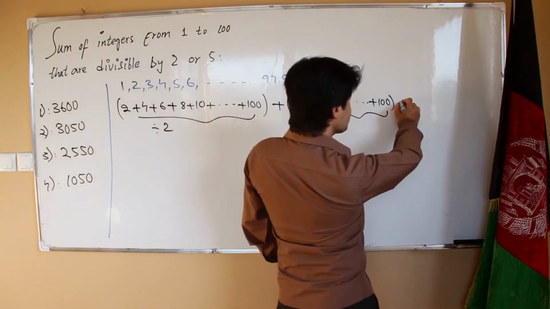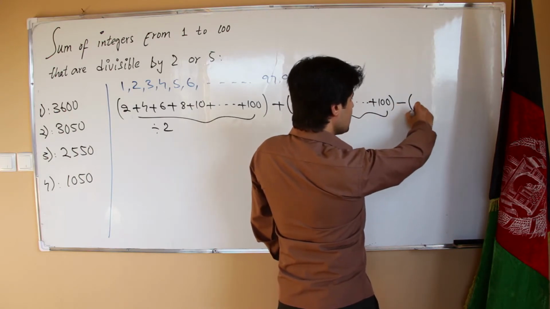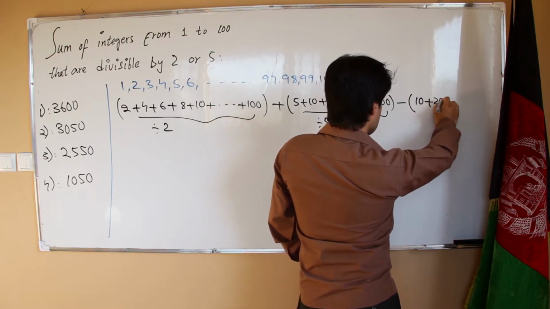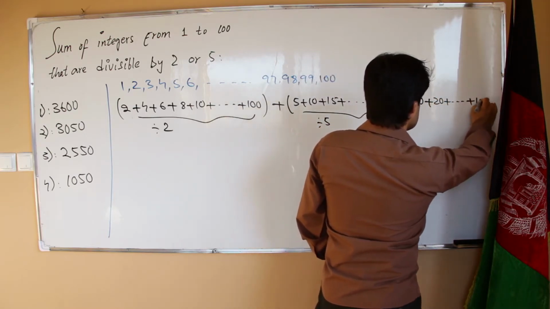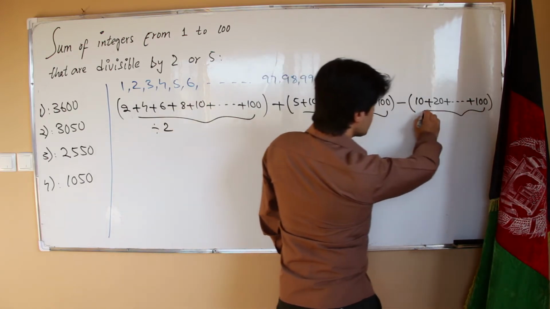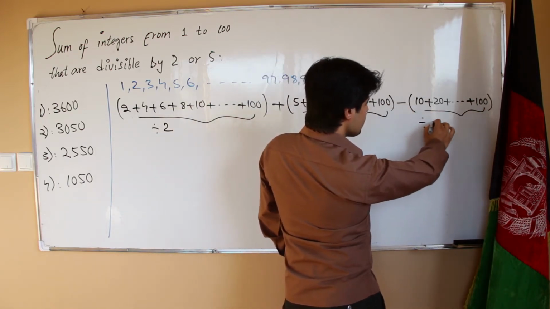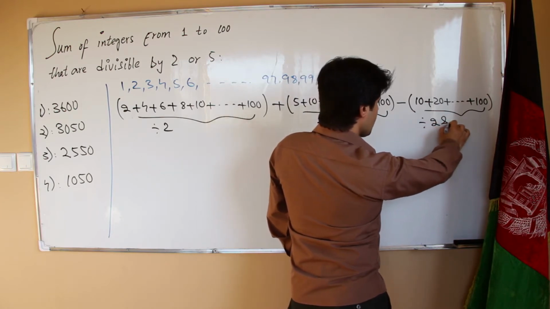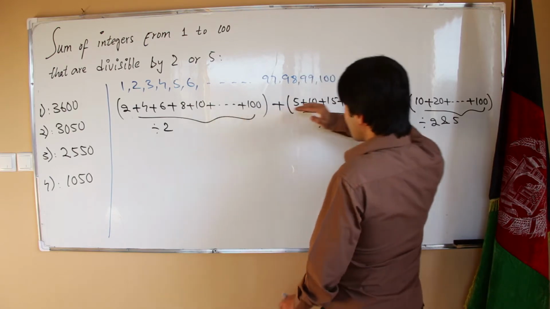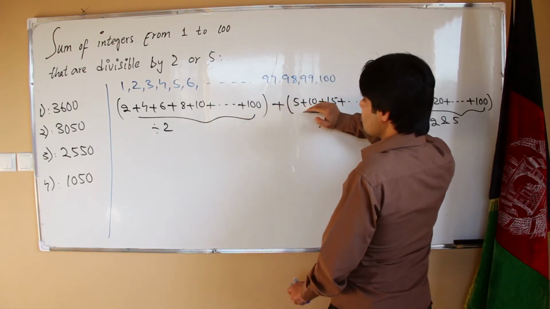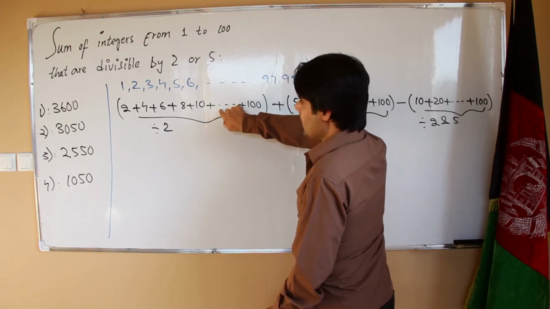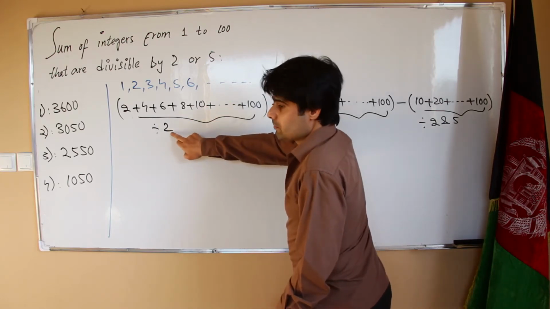So we have to subtract these numbers. These numbers are like 10, 20, and itself 100. What does it mean? These are the numbers which are divisible by 2 and also 5. First, I have written in those terms which are divisible by 2.